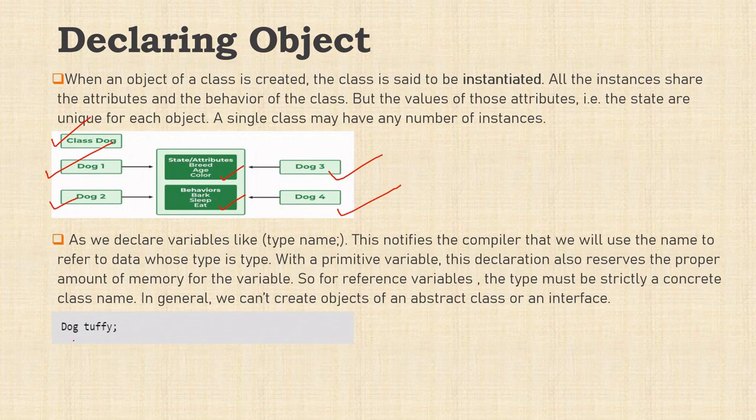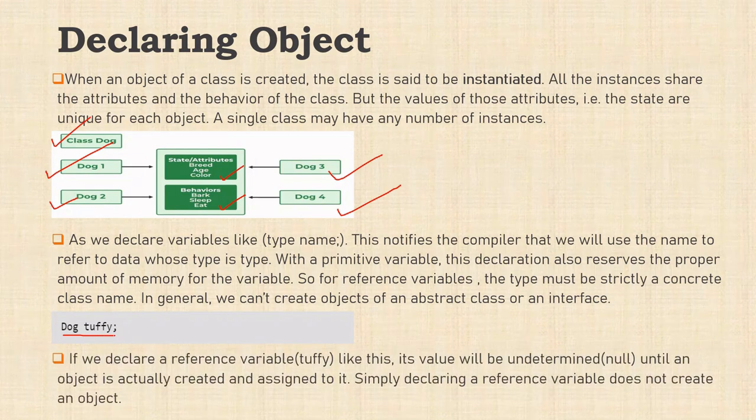So we are going to create one instance of Dog. How can we do it? Dog toffee, we have created. If you declare the reference variable toffee like this, its value will be undetermined, null. So the toffee value will be null until an object is actually created and assigned to it.